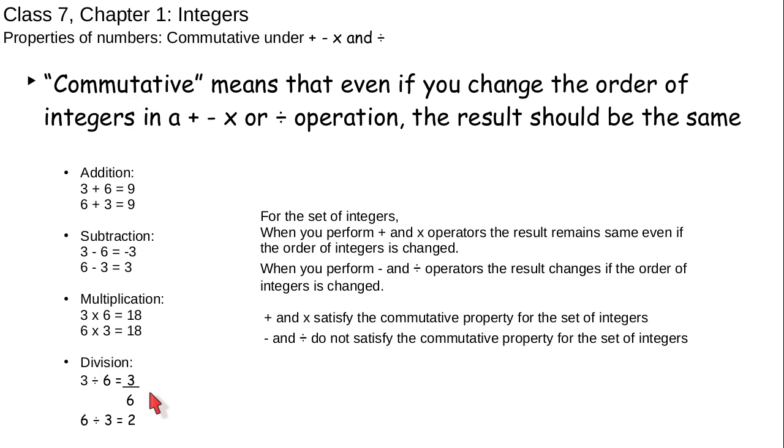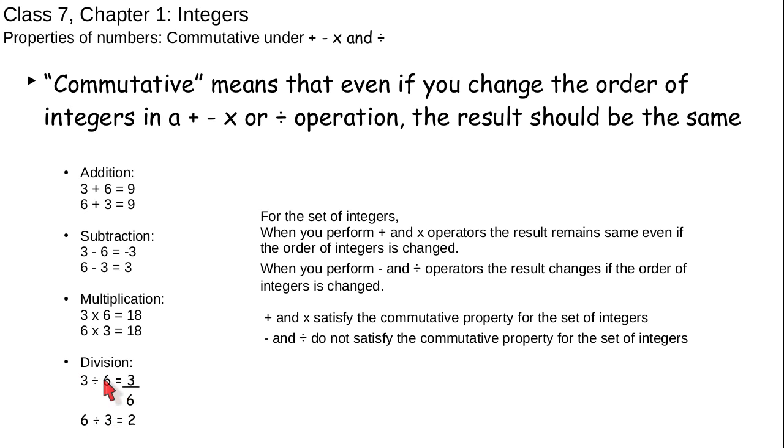Now in the case of division, 3 divided by 6 is the fraction 3 by 6. 6 divided by 3 is the integer 2. Therefore, 3 divided by 6 is not the same as 6 divided by 3. So if you change the order of integers in the case of division, the result is not the same.